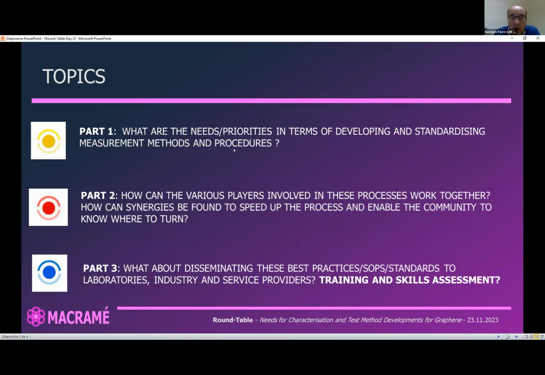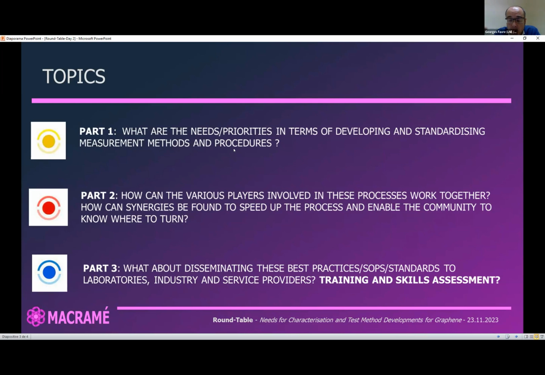And the question was raised maybe some minutes ago. The last point I wanted to discuss today with you is the dissemination of this best practice, SOPs, and standards to laboratories, industry, and service providers, with an important point, from my point of view, which is training and laboratory skill assessment.